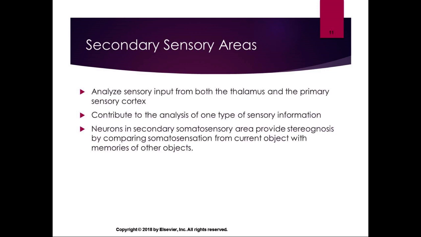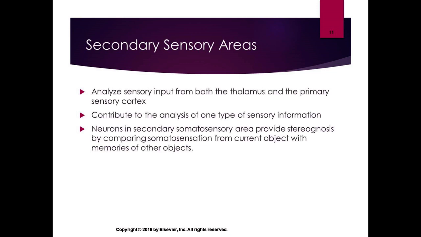So neurons in the secondary somatosensory area provide stereognosis by comparing that raw sensation, that somatosensation, from the current object with memories from other objects. So we talked about that. You're reaching around in your bag, you're looking for your keys. It's comparing what you are currently feeling to memories of what a key is, what a key feels like.